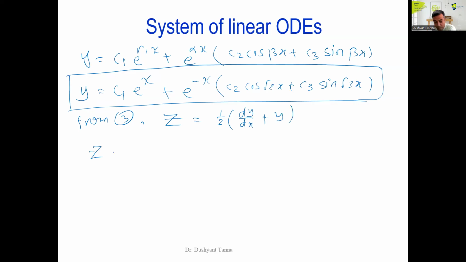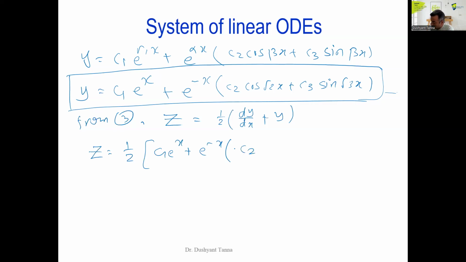So therefore, your z is half dy by dx, a differentiation of y. So C1 e raised to x. Here will be a product rule. So we'll leave e raised to minus x as it is.